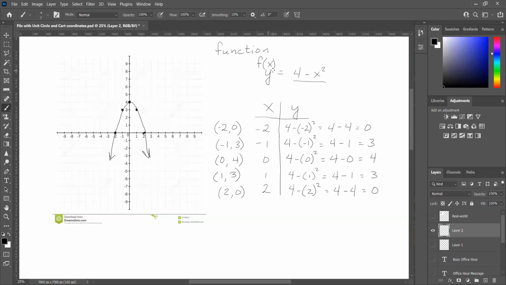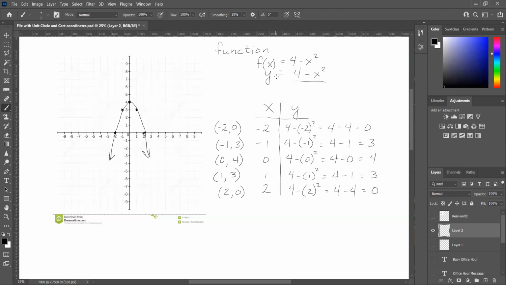And so in this case, it would be f of x. That means we have a function, we're calling it f, and the independent variable, or the variable that we'll pick numbers to plug in, is x. And we'll still write the other side the same. So f of x equals 4 minus x squared. That's the same thing as y equals 4 minus x squared.